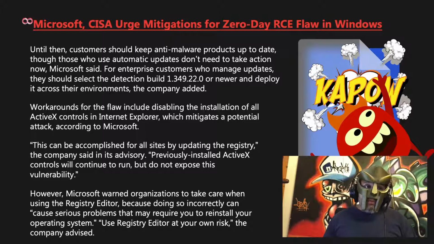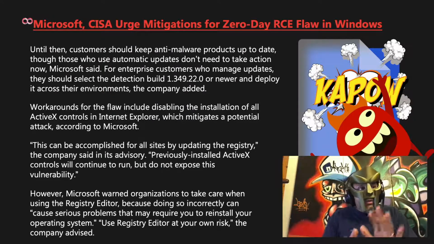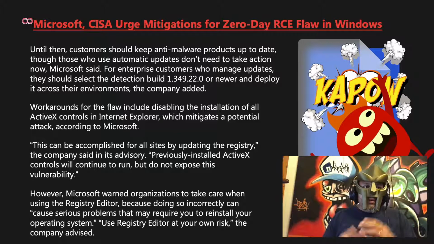Now, what can you do? Microsoft and other security experts advise hacking your registry to disable the installation of all ActiveX controls on Internet Explorer. But wouldn't it make more sense and be a lot easier for the average person to just deinstall Internet Explorer altogether? I mean, yeah, just temporarily, of course. But doesn't that make sense? Who would recommend that? Of course, certainly not the company that developed it.